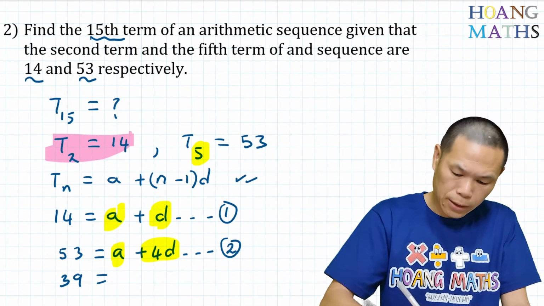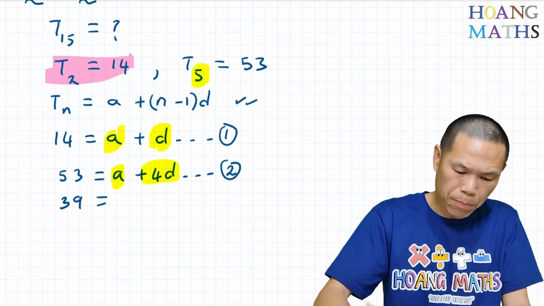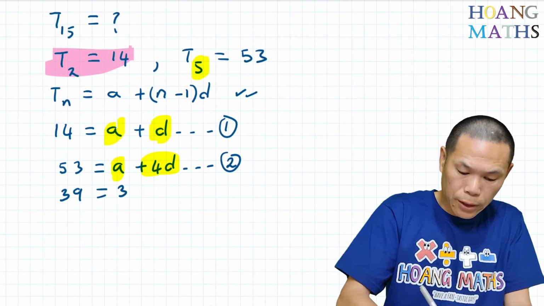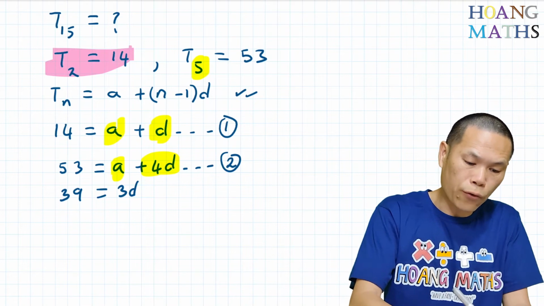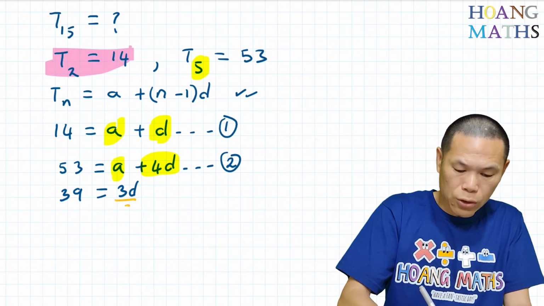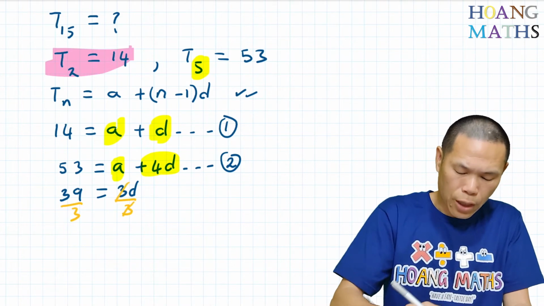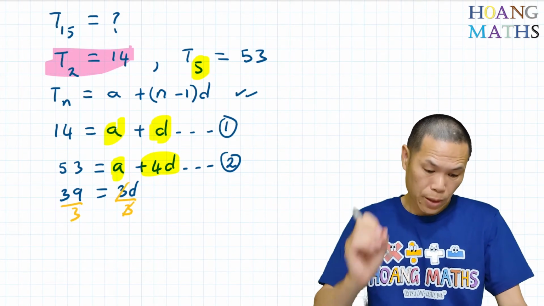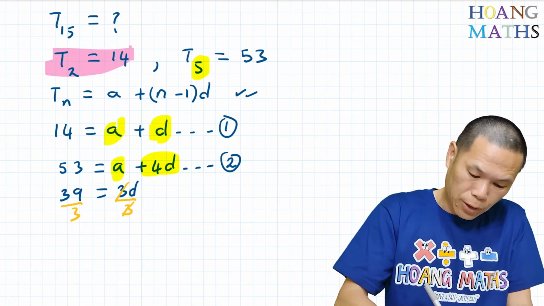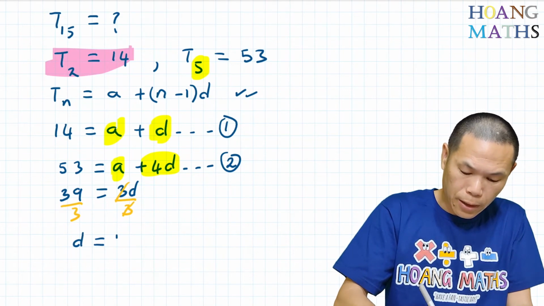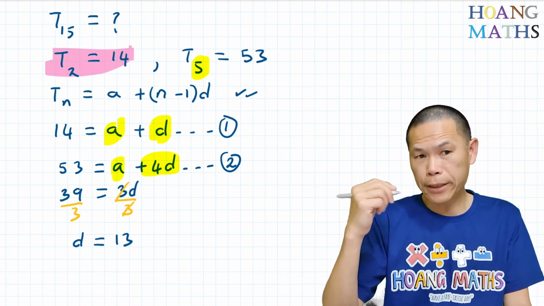To solve for d, I divide this by 3 and I divide this by 3. So that cancels out, and 39 divided by 3 is 13. So d is 13. Now we can find a.